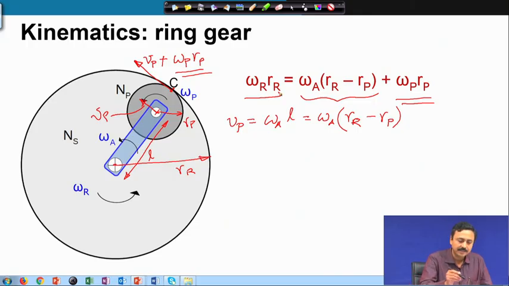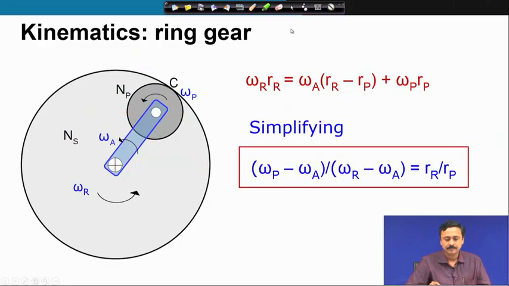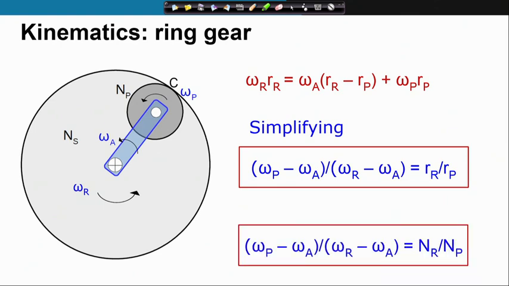If you simplify this expression, we have this relation, and you can write this ratio on the right hand side, R r by R p, as N r by N p.